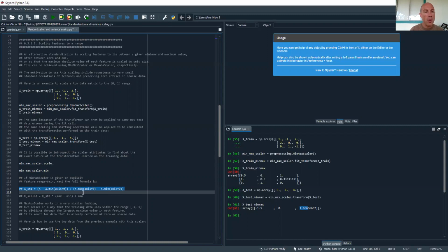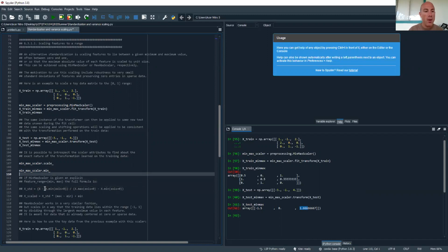This is my equation to put things on the 0-1 scale. The first thing we do is subtract the minimum. After we subtract the minimum, we divide by the range, the maximum minus the minimum. That is the linear equation for doing this transform.